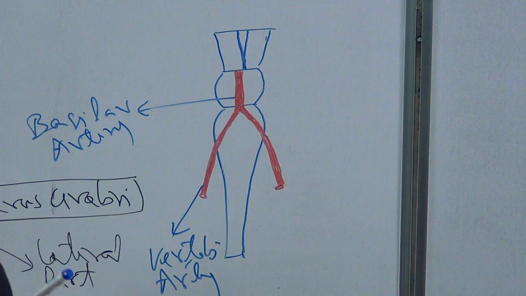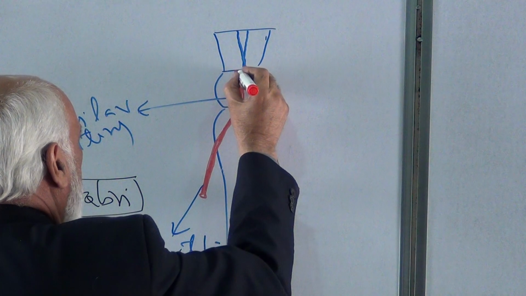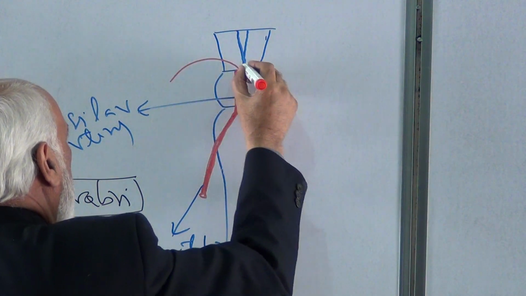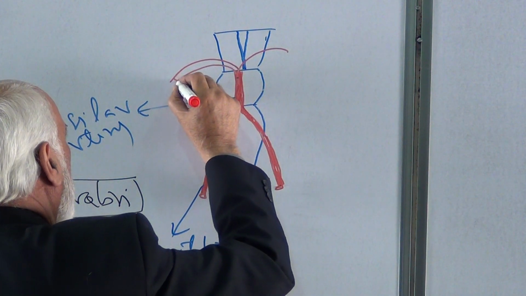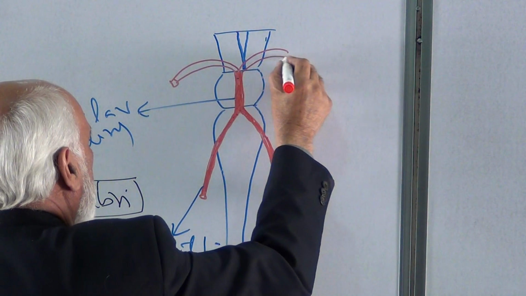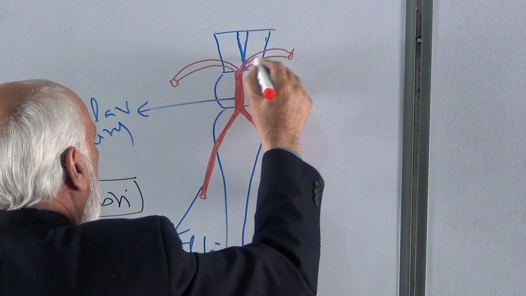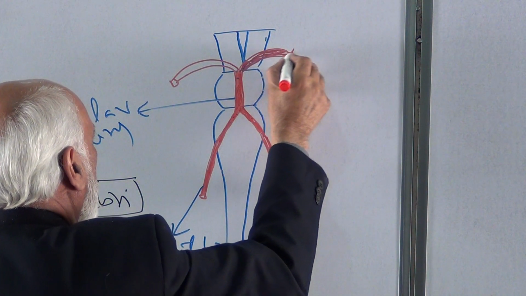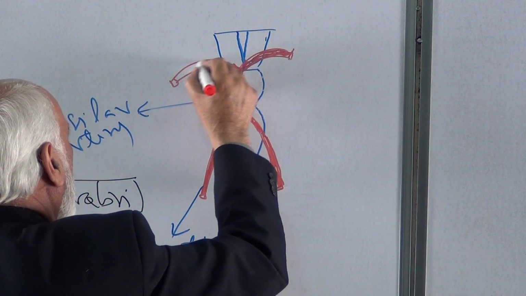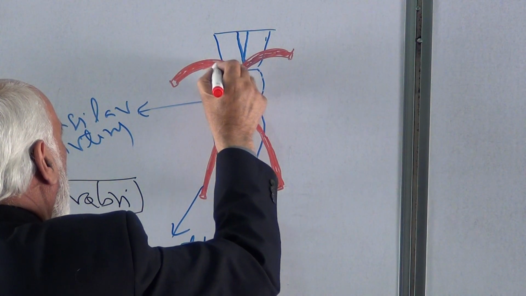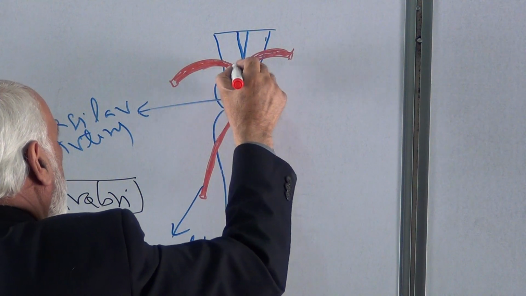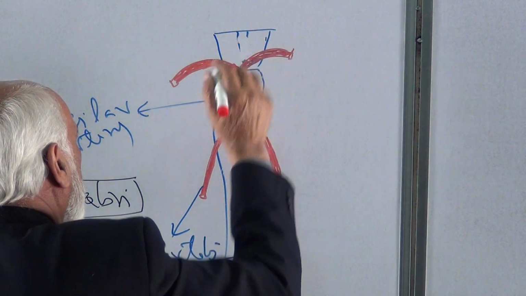At the upper part of the pons, what happens there? The basilar artery divides into right and left posterior cerebral arteries.